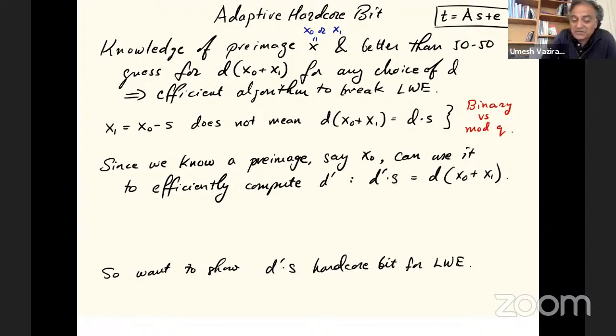So at this point, essentially what we want to show is that d prime dot s is a hardcore bit for LWE. And d prime still is going to be arbitrary, we want to show this for an arbitrary d prime.